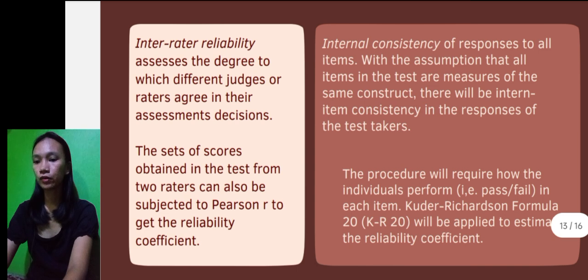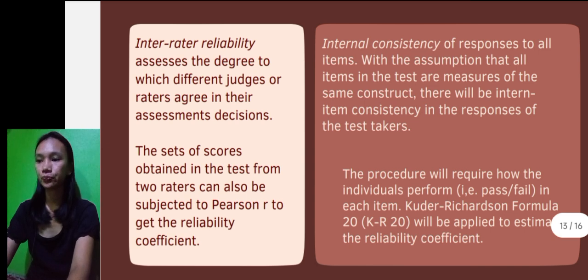So, in internal consistency of responses to all items, with the assumption that all items in the test are measures of the same construct, there will be item consistency in the responses of test takers. The procedure will require how the individuals perform, giving pass or fail in each item. Kuder-Richardson Formula 20, KR20, will be applied to estimate the reliability coefficient.